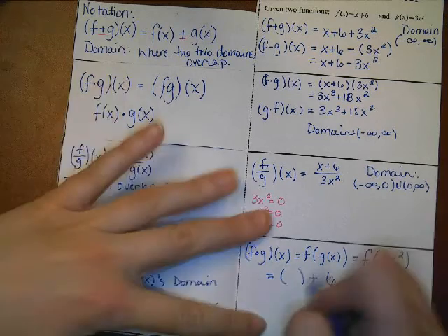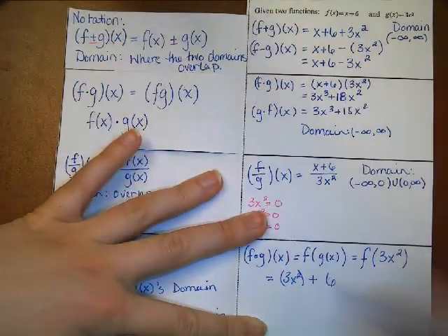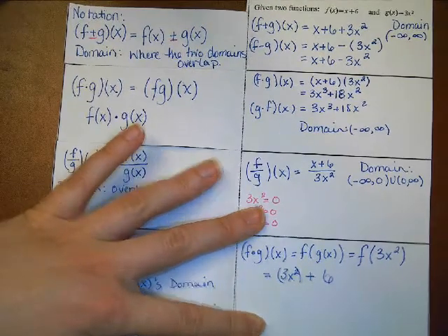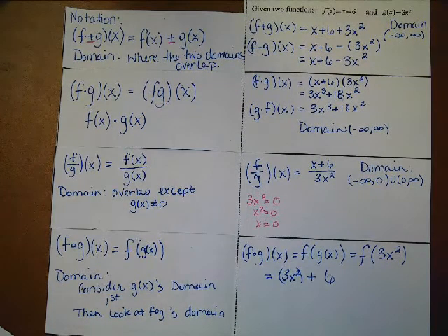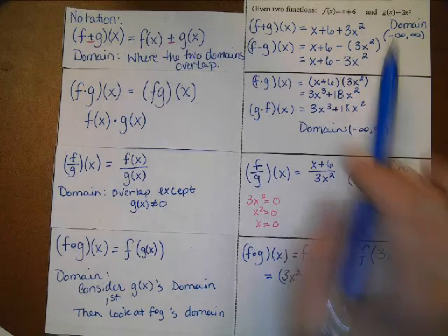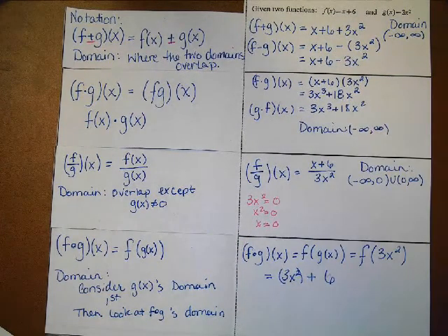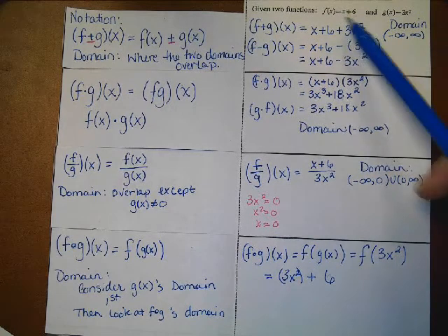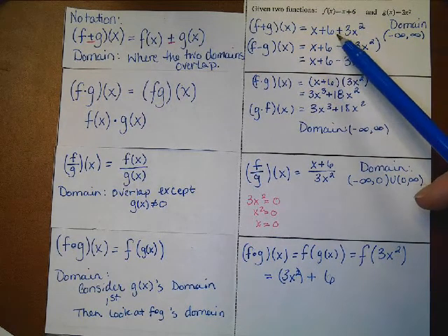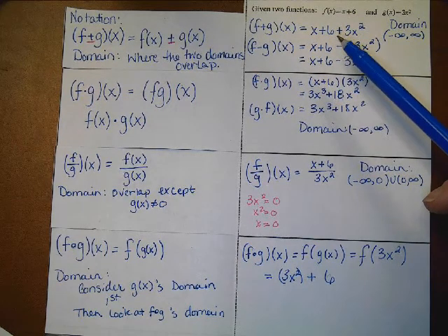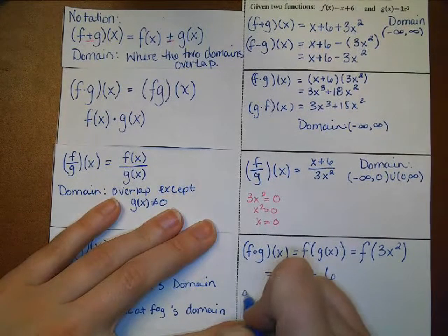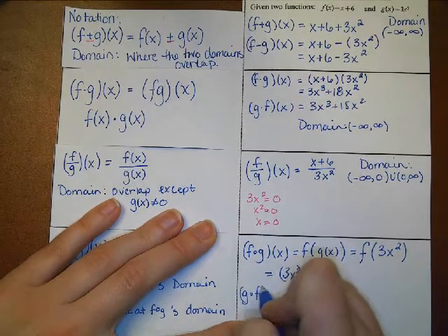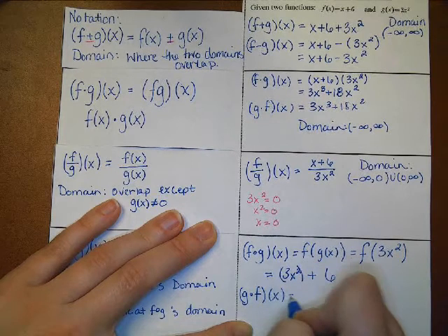This is f of x, right? F of x says something plus 6, right? And it's going to be 3x squared. So I don't really need those parentheses, but I make a lot of mistakes when I'm doing composition of functions. I forget the rest of the original function sometimes. So what I do is I write out that outside function first with parentheses every place I see an x, and then I fill in after I do that.